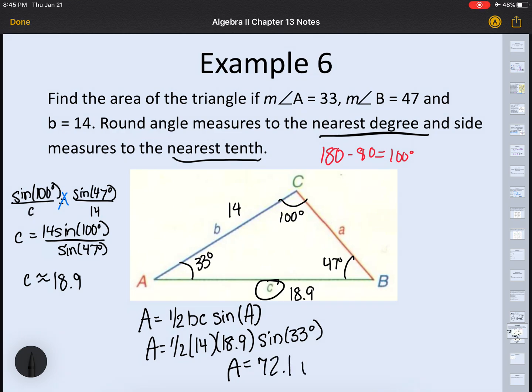We don't have any units, so I'm just going to make it units squared because we're working in area. So 72.1 units squared. Now, if you figured out what side length A was and used a different formula, you will end up with an answer that's kind of close to the 72.1 units squared. It's just from all the rounding that we do when we find the other side lengths that it might be off by a couple tenths of a unit.